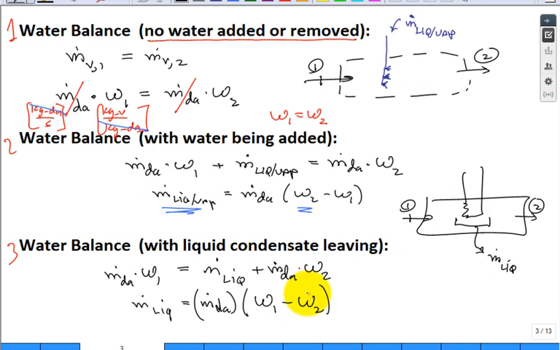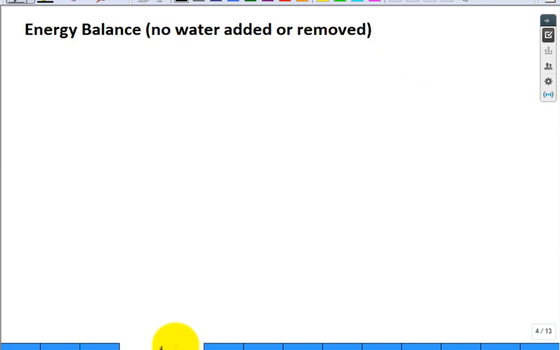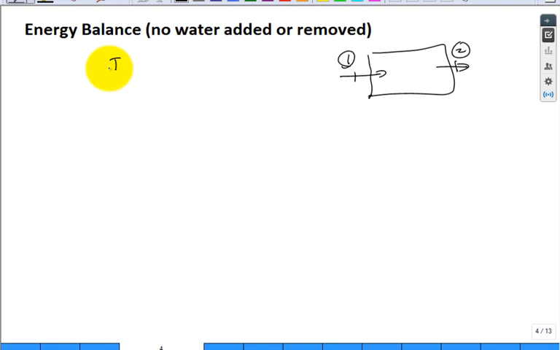Energy balance with no water added or removed. So again, here's my control volume, and here's inlet state 1 and outlet state 2. Well, isn't it going to be the energy ins match the outs? Okay, what would be my energy ins?